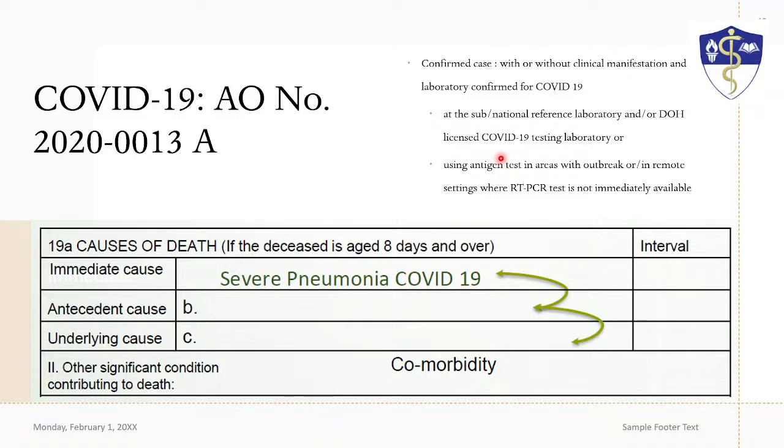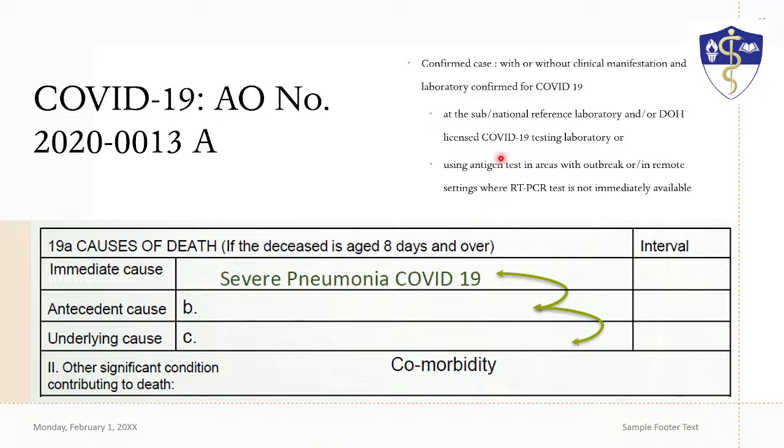Okay, so AO number 2020-0013A was, at the time, still not yet called COVID-19. It was called NCOV. But it was eventually changed to COVID-19.